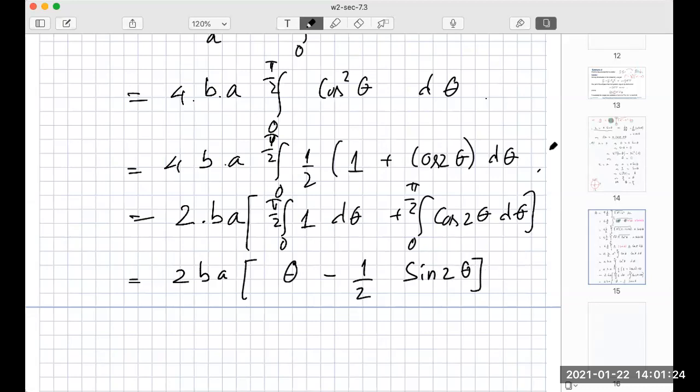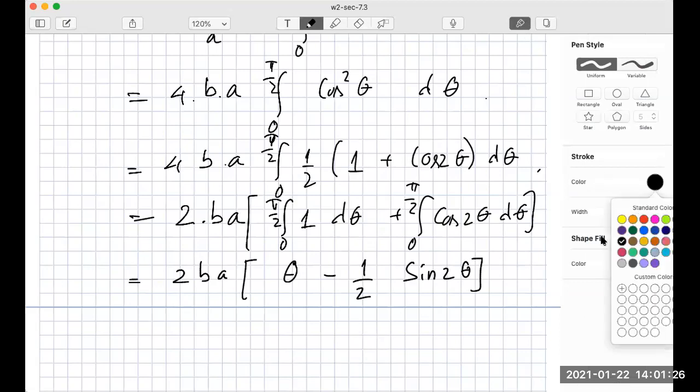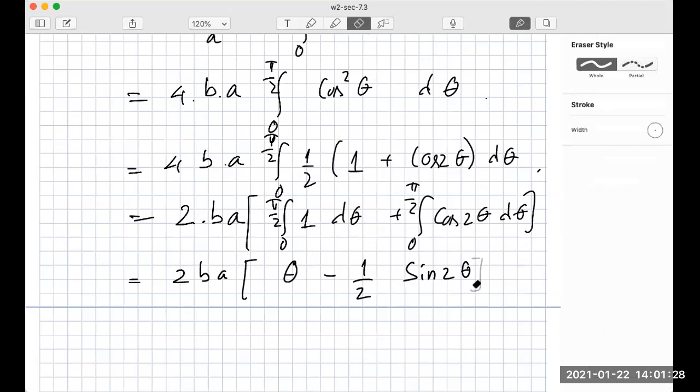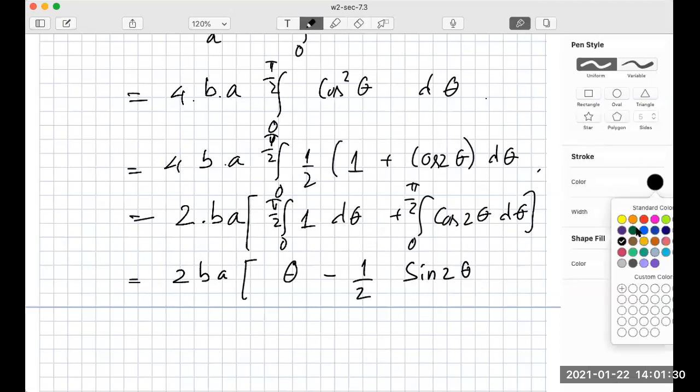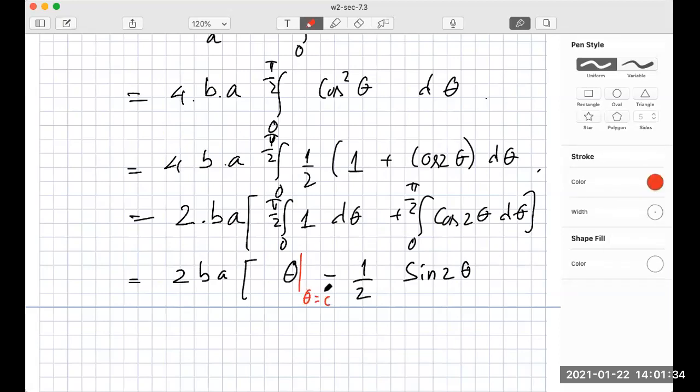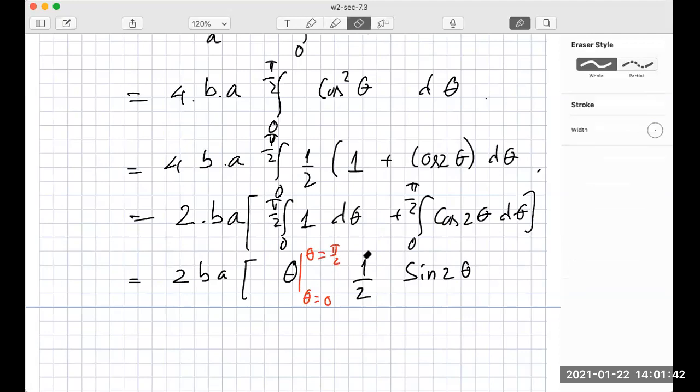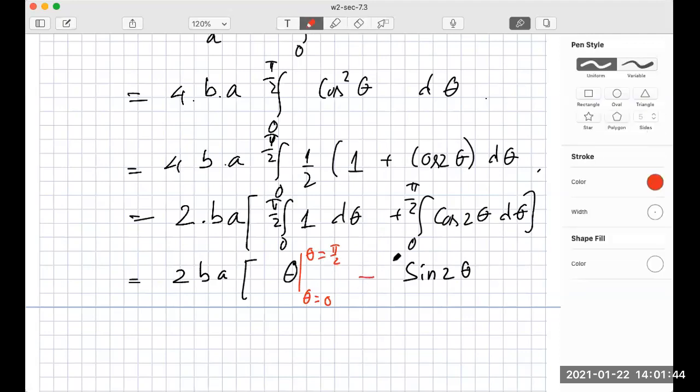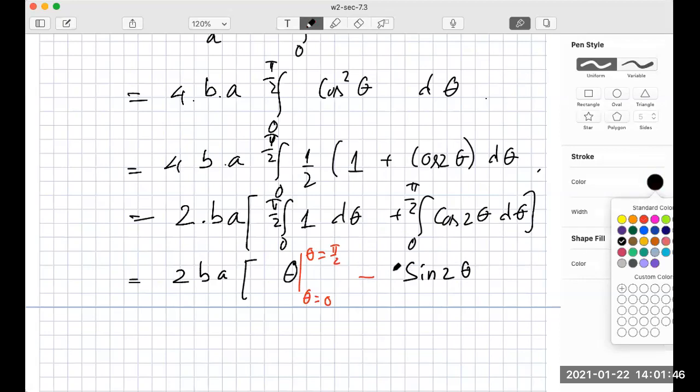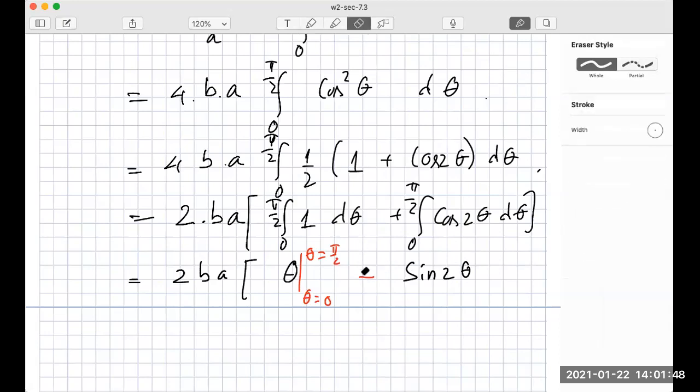Okay, and we take the limit here, theta from 0 to theta is equal to pi over 2. Subtract this guy, or plus, right?